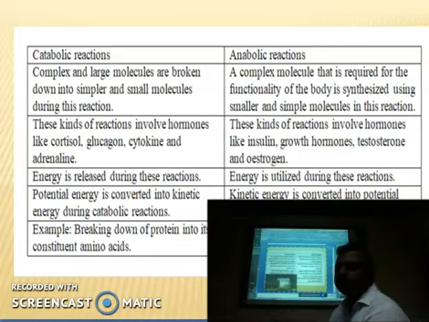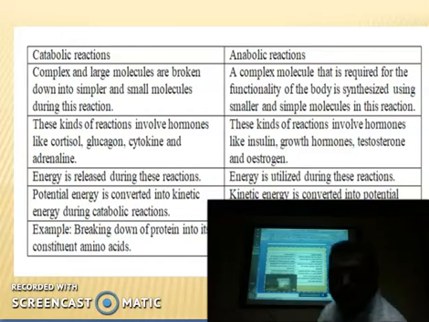As I said previously, when complex and larger molecules are broken down into simpler or smaller ones, that is called a catabolic reaction. In an anabolic reaction, complex molecules required for the functioning of the body are synthesized using simple molecules.